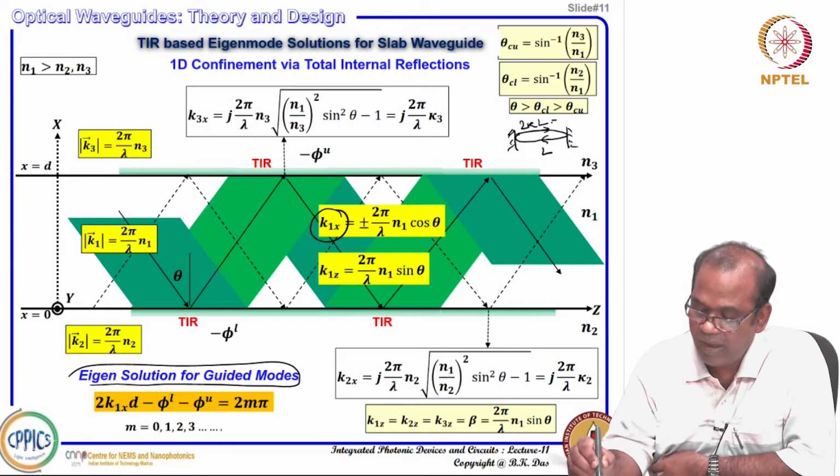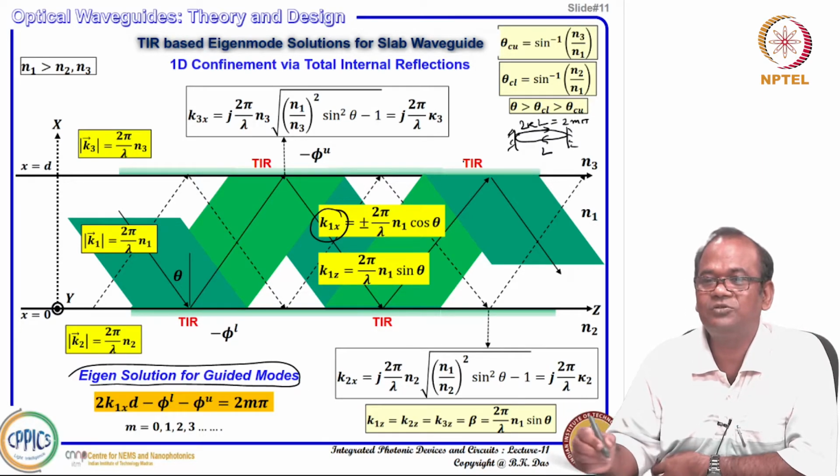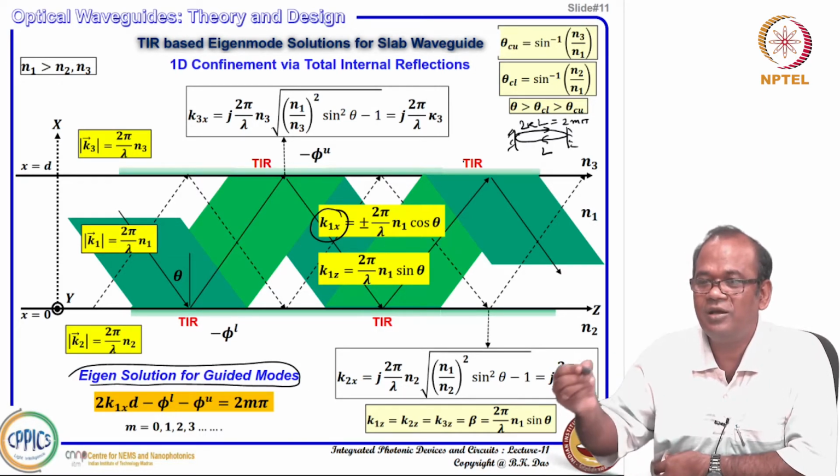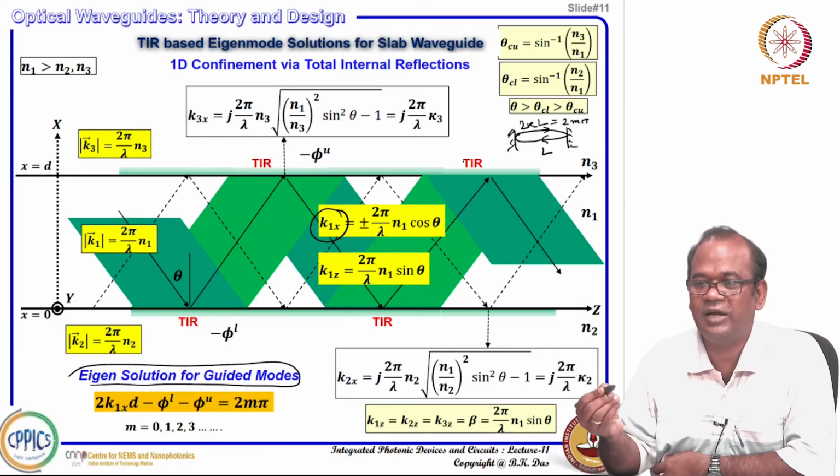If this 2kL becomes 2m pi, then we can consider that it creates a self-consistent resonance, and a standing wave is generated.